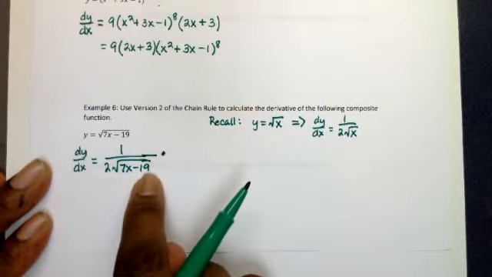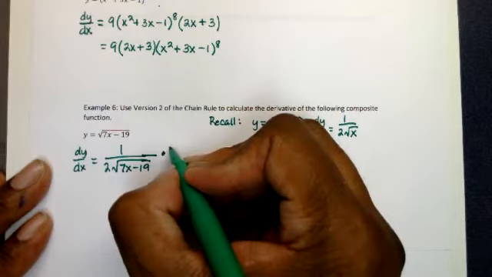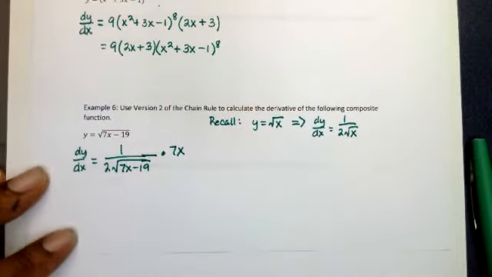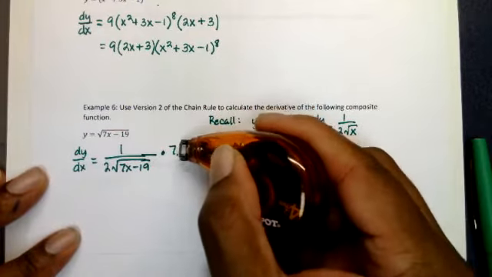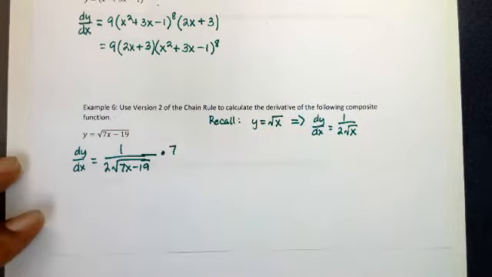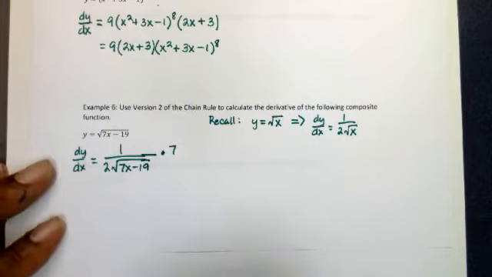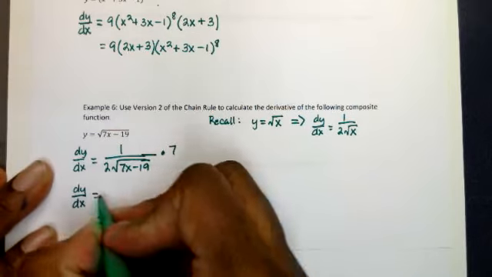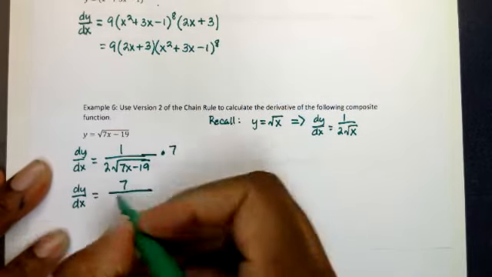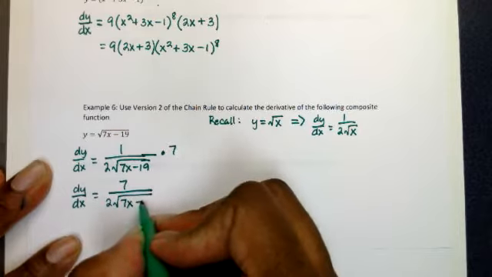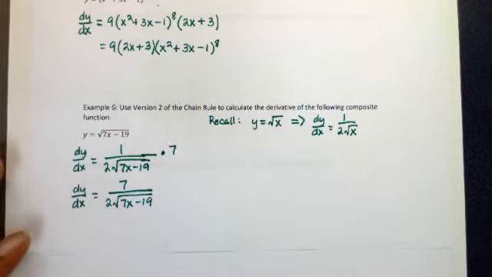For 7x minus 19, its derivative will have to be, not 7x, just 7. Inside derivative, there would just be 7. And then if I simplify this, dy dx will be equal to 7 on top over 2 square root of 7x minus 19.